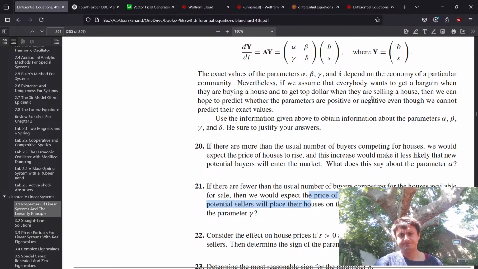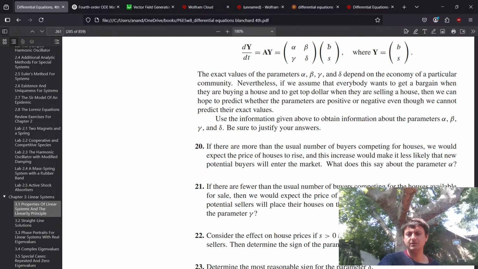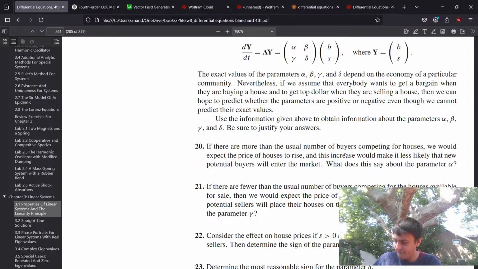So b is negative here, and gamma is going to be positive. So my expectation is alpha is negative, gamma is positive.